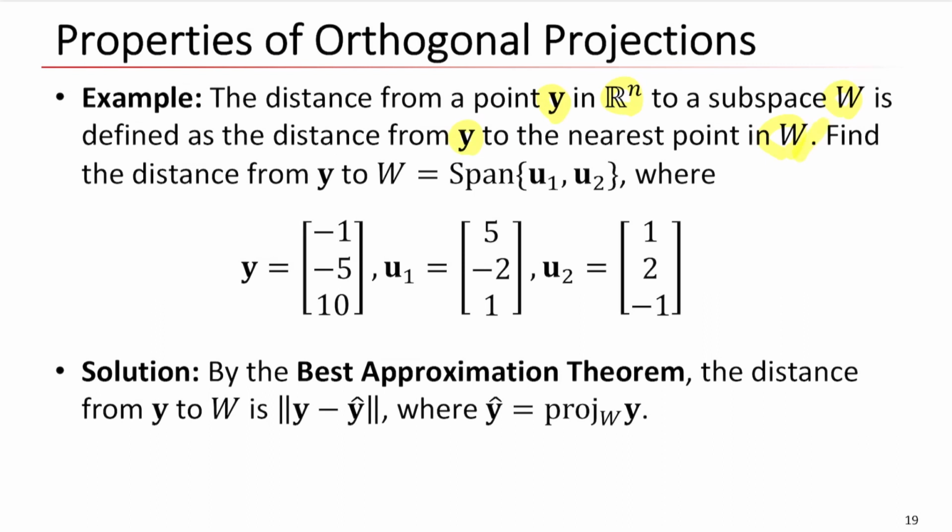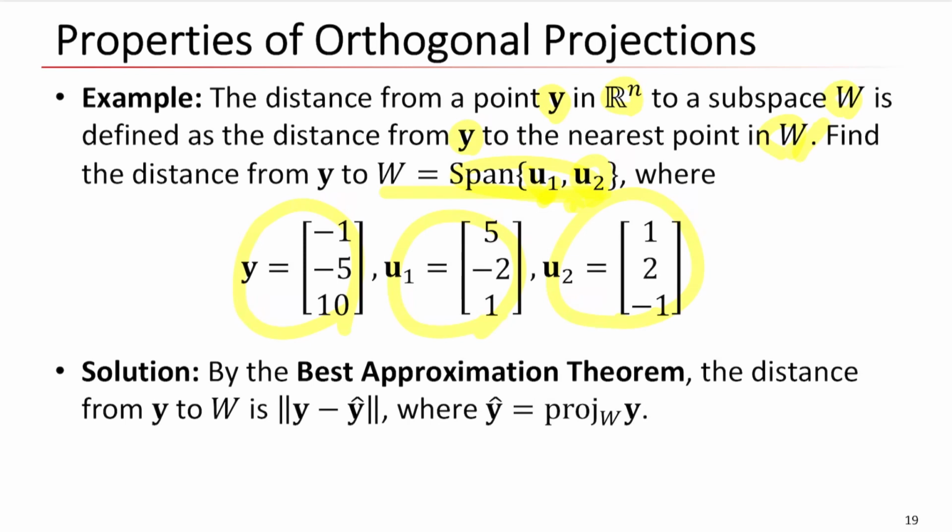The question is to find the distance from y to W when W is spanned by vectors u1 and u2, where y, u1 and u2 are something like this, right? So let's solve this one.